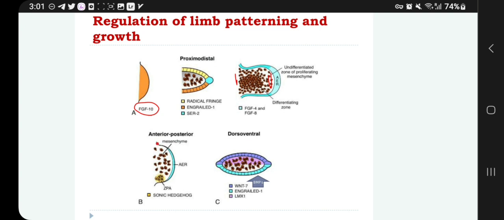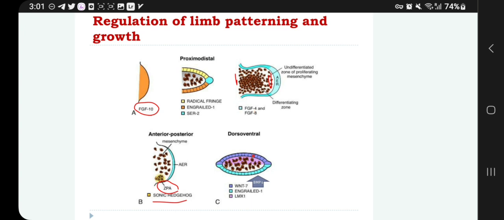The anterior posterior axis, as I told you, depends on the ZPA that expresses a gene. Instead of secretion, we say gene expression. The ZPA, zone of polarizing activity, these cells can express sonic hedgehog, and it causes, for example, the organization of the hand and the foot.